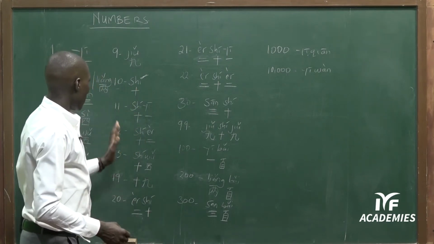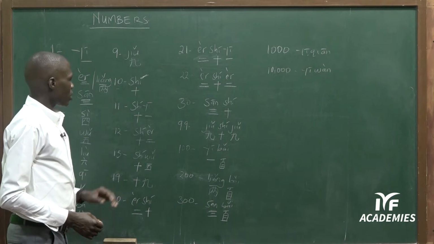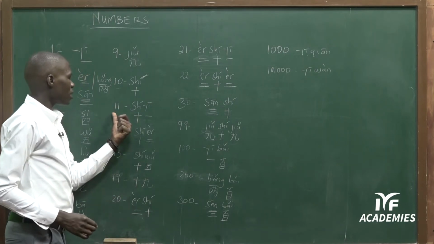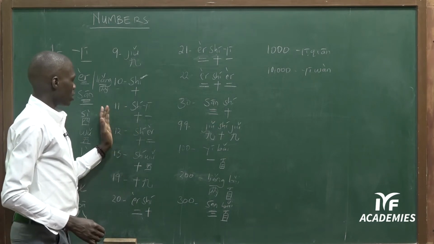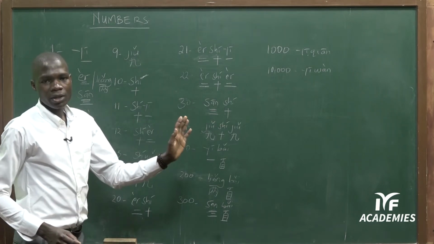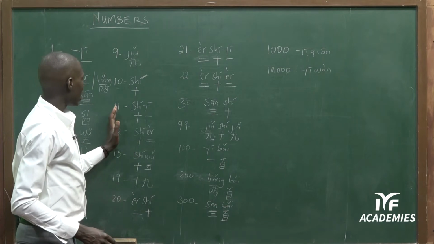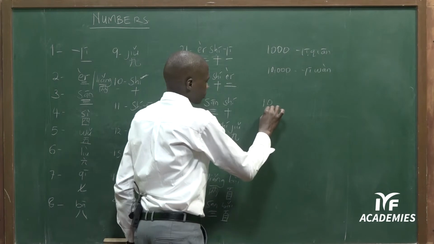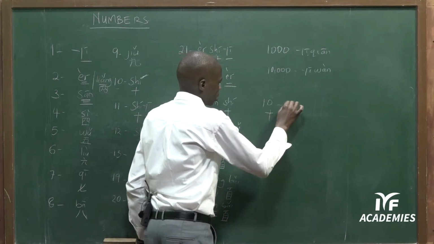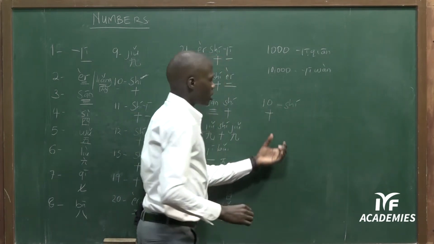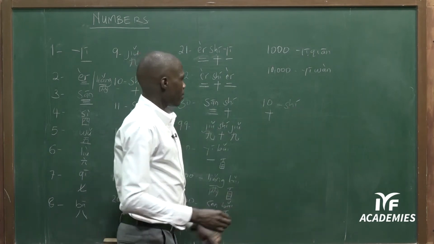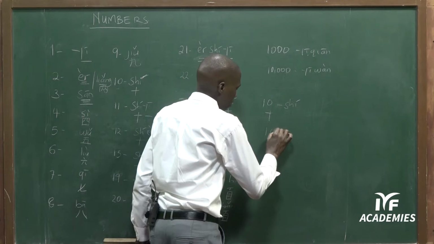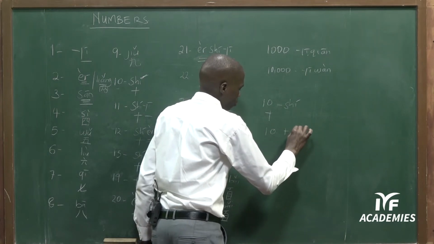Then number 11 sounds like 10, 1. So 10, then we add 1. When we are reading, we say 10, then 1. For example, 10 is shi. Shi means 10. So number 11 is 10 plus 1.